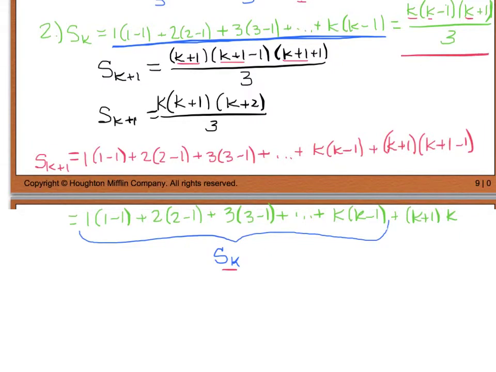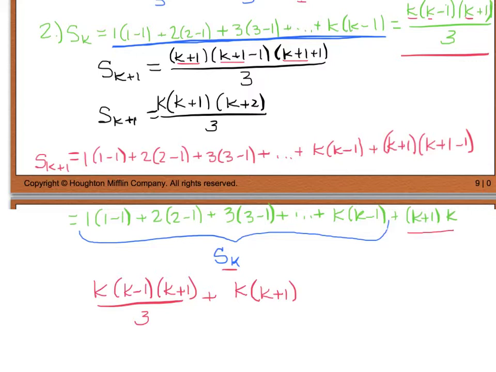So I now have k times (k minus 1) times (k plus 1) divided by 3, and I still have to add this k times (k plus 1) because this is the next term.